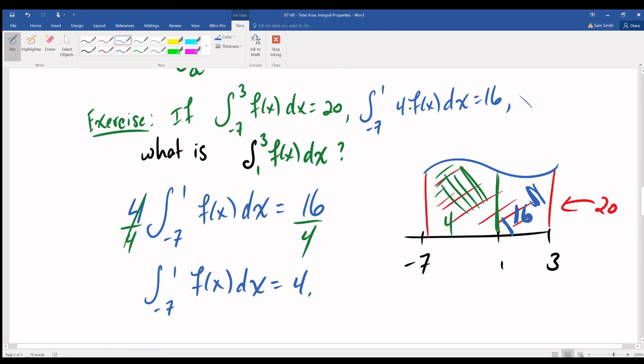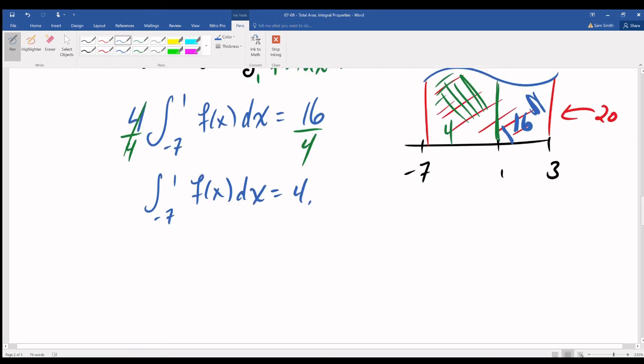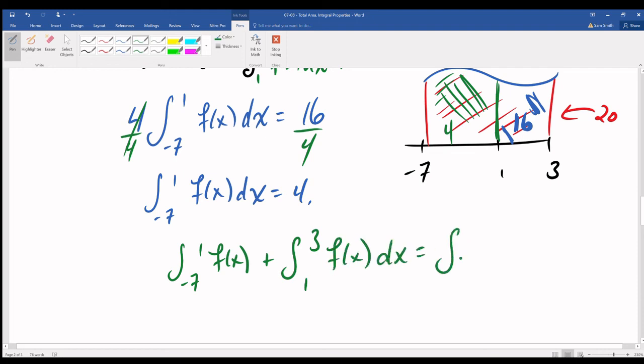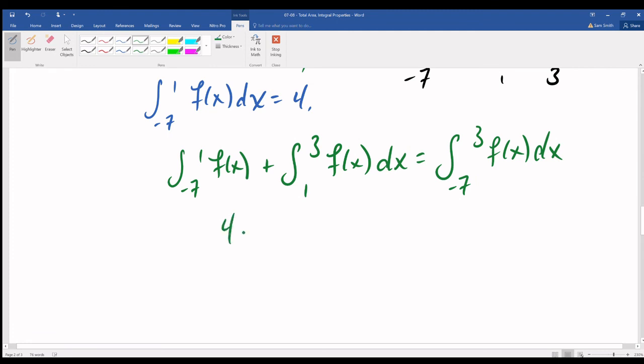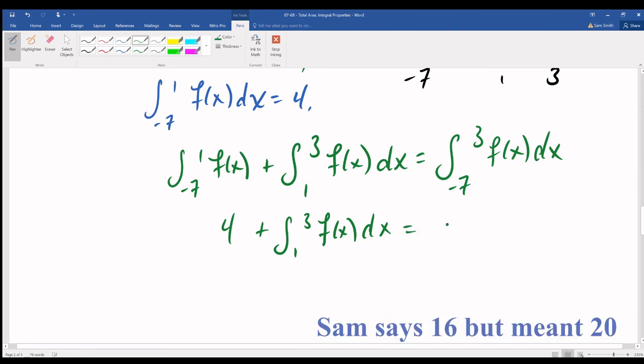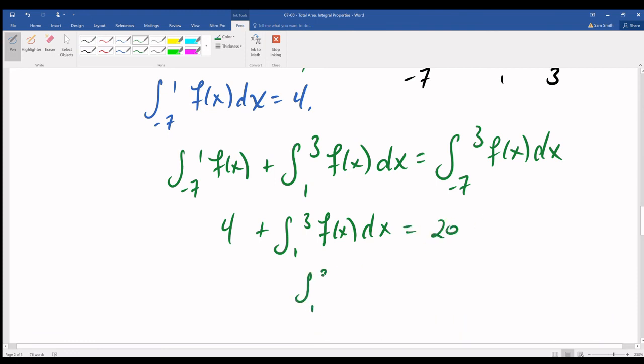In other words, the integral from -7 to 1 of f of x, which is here 4, plus the integral from 1 to 3 of f of x is equal to the integral from -7 to 3 of f of x, and replacing the values that we do know, 4 plus the unknown integral is equal to 20, and therefore the unknown integral is equal to 16.